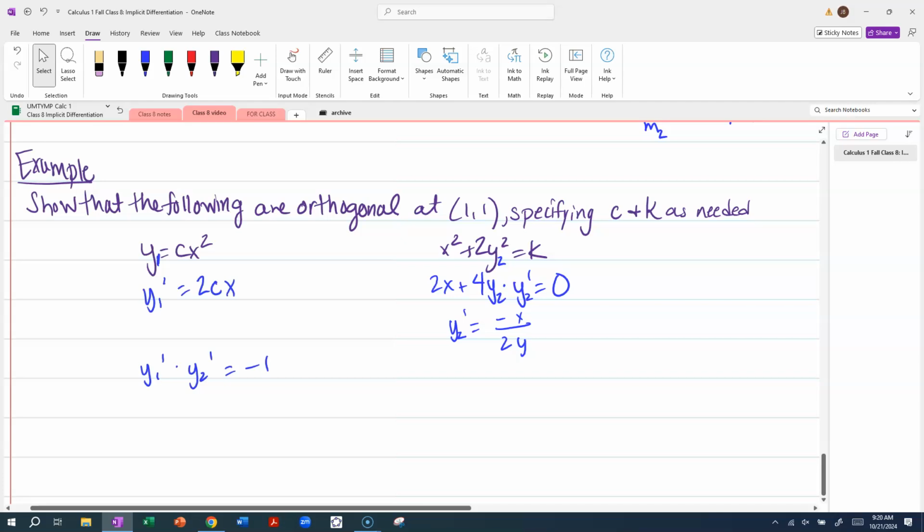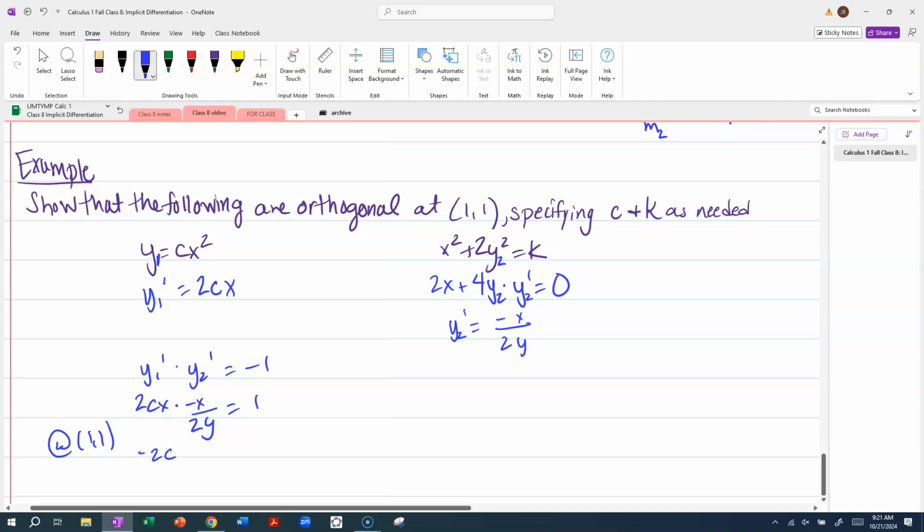Okay, let's go through the arithmetic. What do we get? We have 2cx times negative x over 2y is equal to negative 1. Then at the point (1, 1), what do I get? The 2's will reduce. Let's just do it.